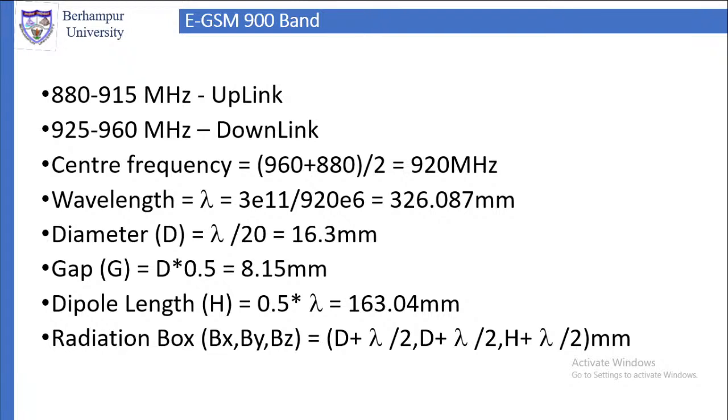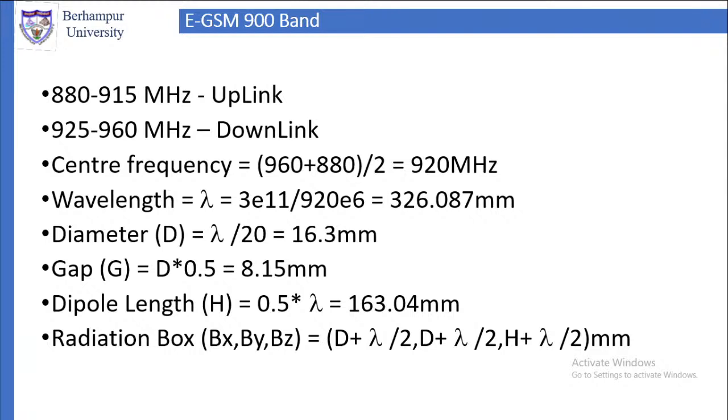In this band, the uplink is the link over which you are sending. From your antenna you are sending something, that is the uplink, and to your antenna you are receiving something, that is the downlink. The uplink frequencies are 880 to 915 megahertz.